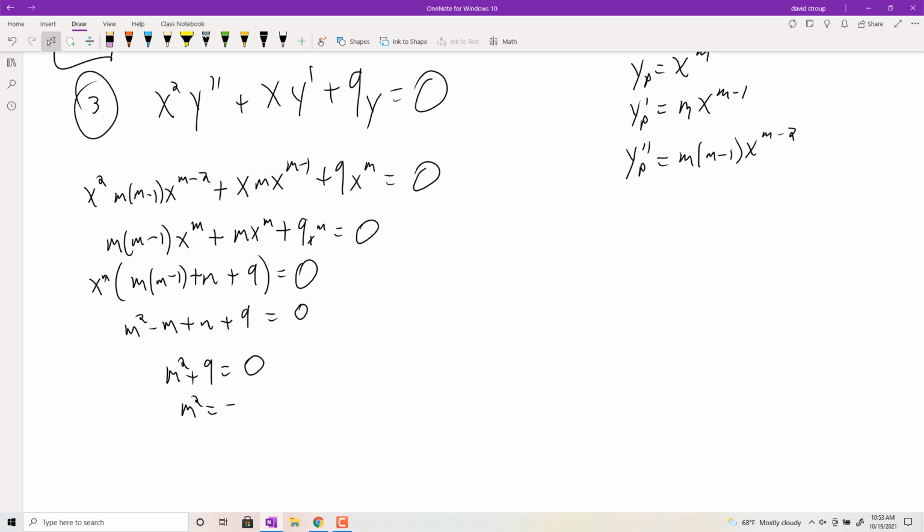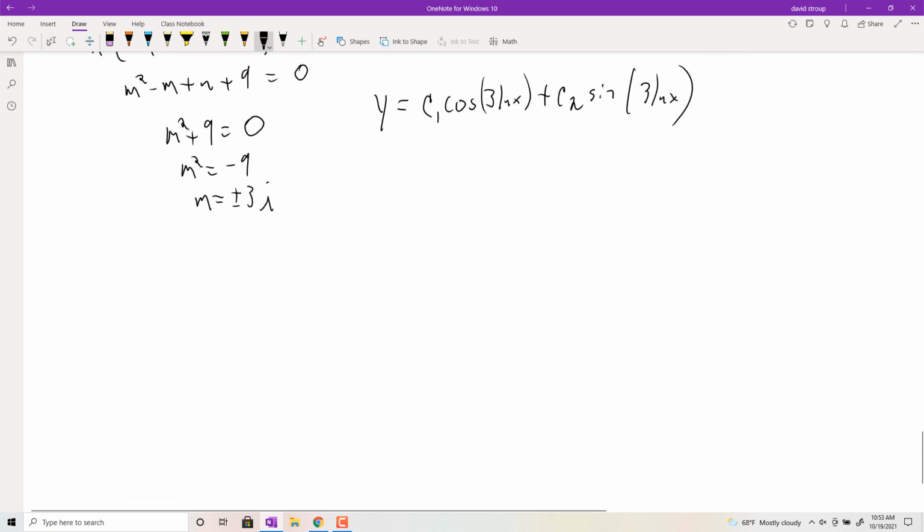So m squared is negative 9, so m is plus or minus 3i. And so our solution, y equals, this will be the cosine and sine version, so c1 cosine of 3 ln x plus c2 sine of 3 ln x.